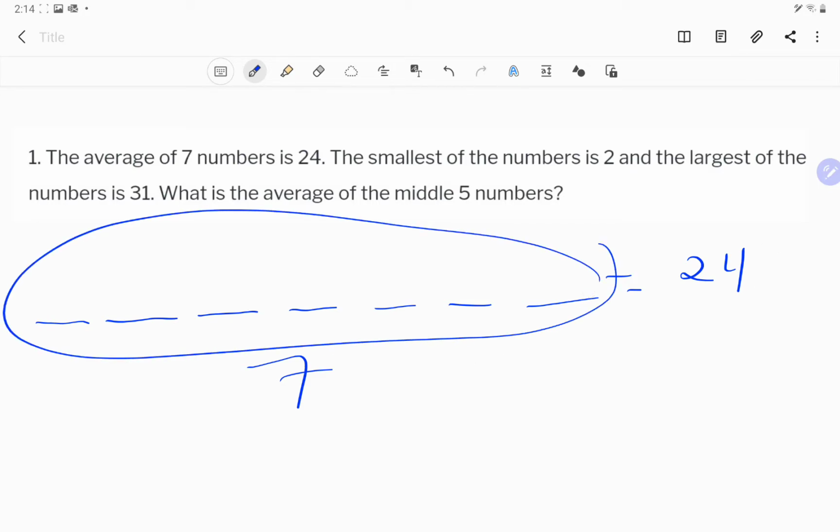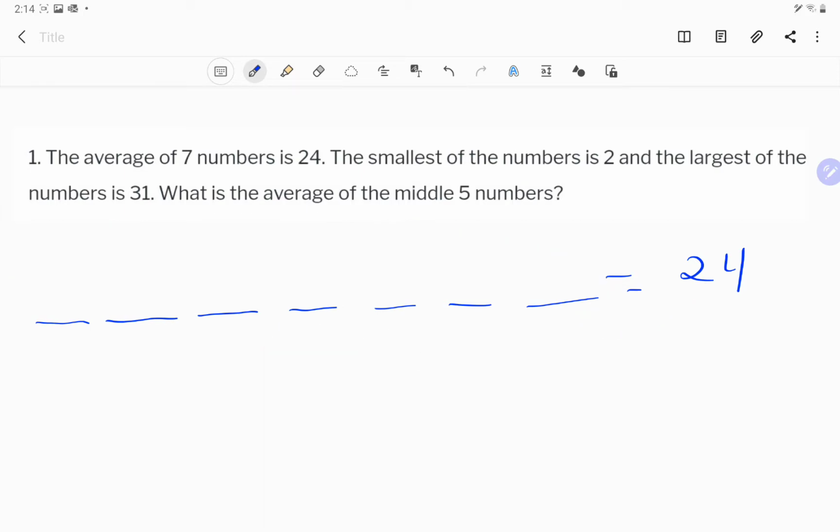Since we already have the average and the number of data, we can just multiply by 24. So 24 times 7 is equal to 168. If we add all of these numbers, the answer is 168. So we already removed the average because we multiplied by 7.